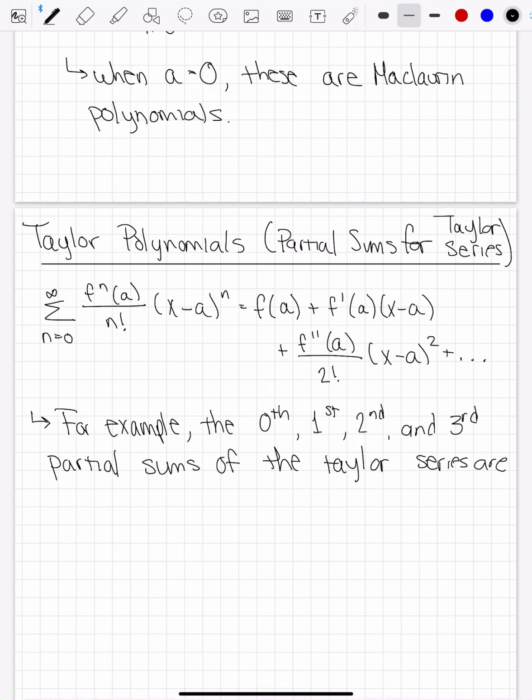So for P0, remember that means we only take the 0th term, so we do the sum from 0 to 0.